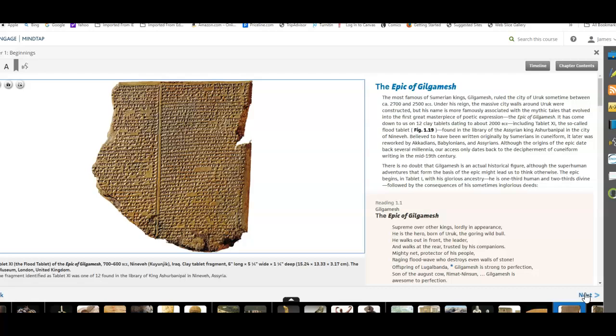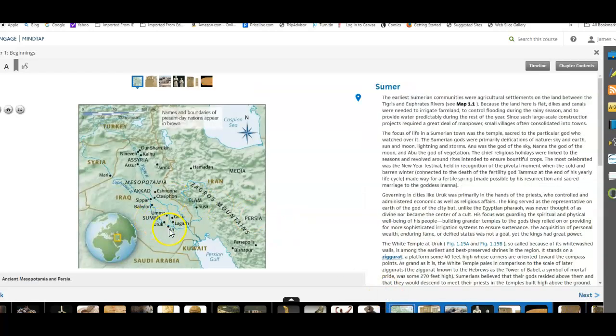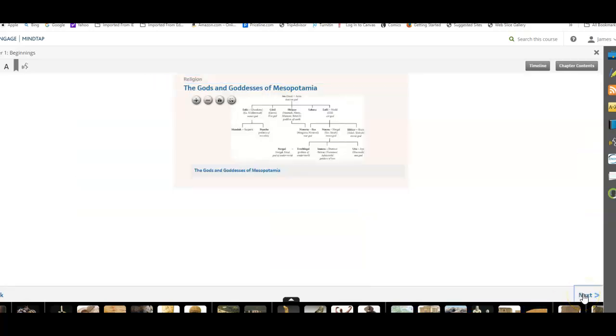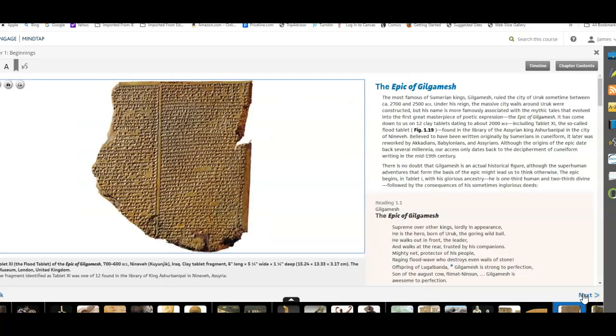And the reason you say later, if I go back to the map here, you'll see Ur right there. Well, when we eventually get to other areas in the textbook, the Hebraic people trace themselves to Abraham.